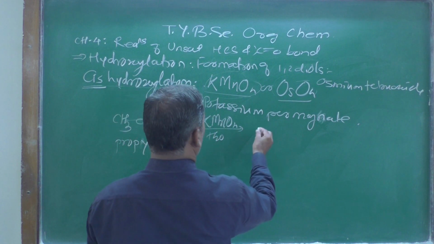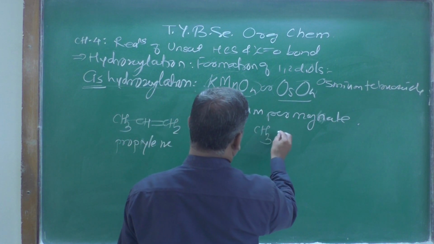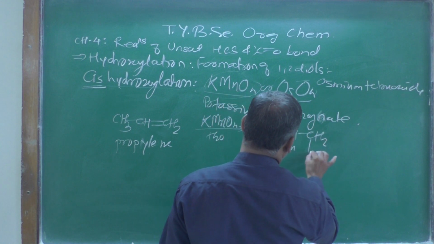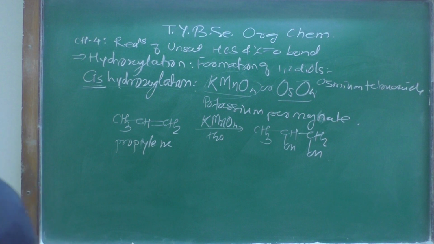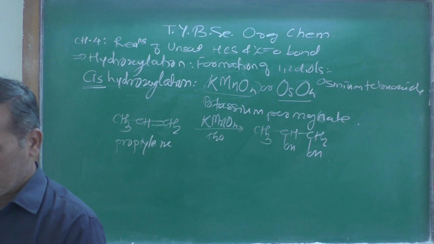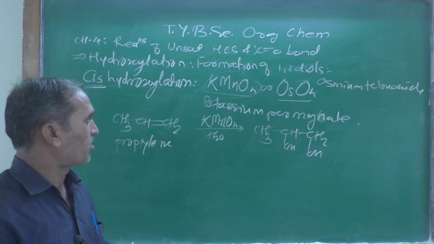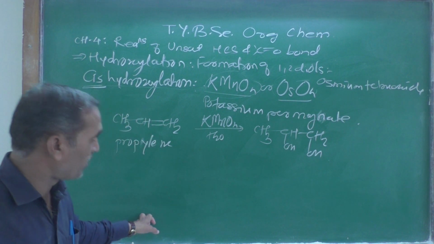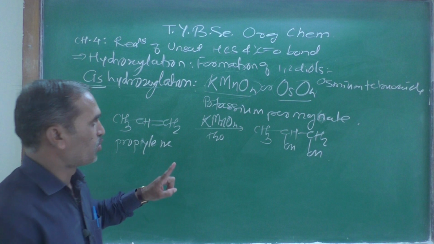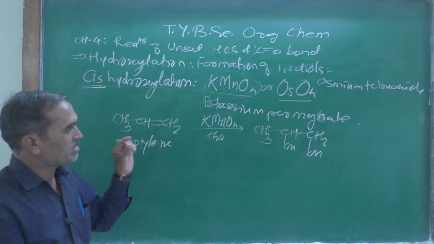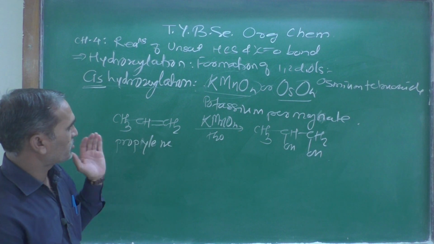What do you get? You get the product CH3-CH(OH)-CH2-OH. Both hydroxyl groups come from the same side of the carbon-carbon double bond, and therefore it is known as cis hydroxylation. Look at this reaction carefully.